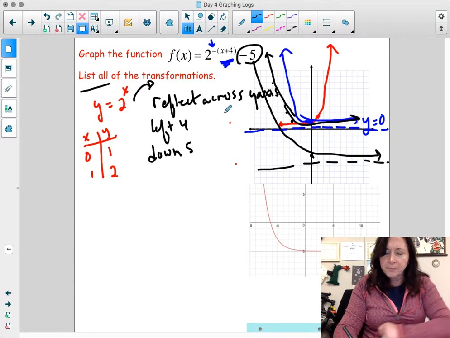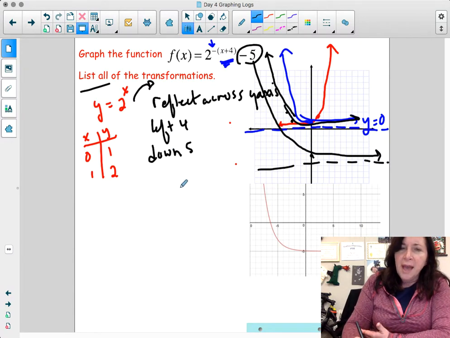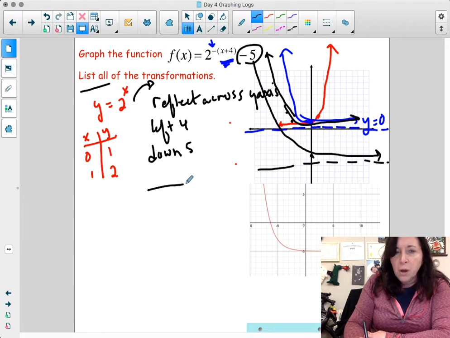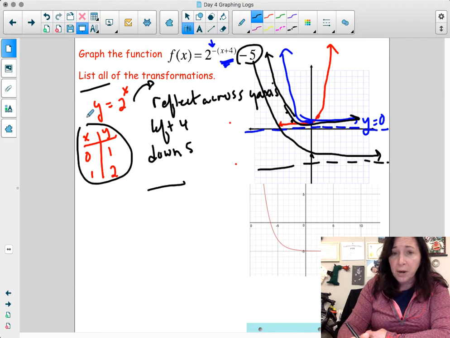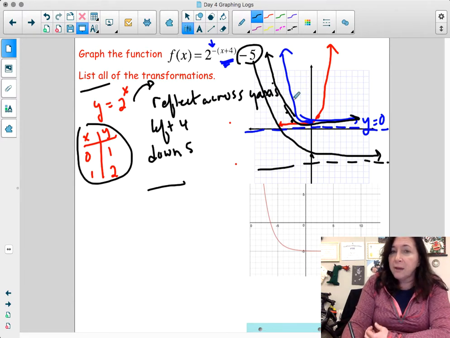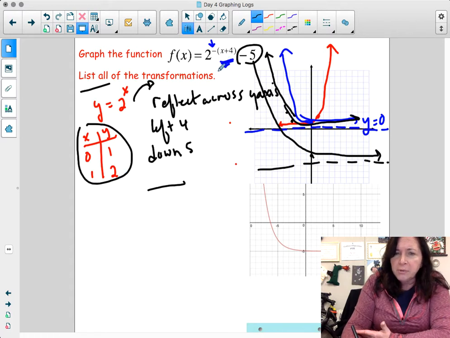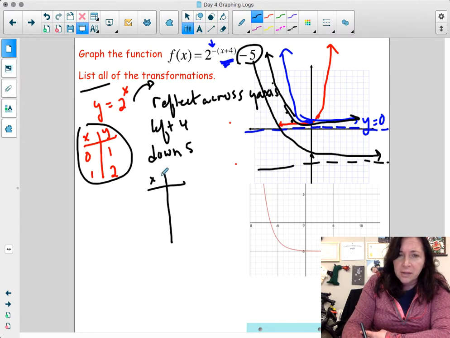And so if you were to be asked, give me 2 points. Well, you're not going to use these points because those are the points for the parent graph. You would need to plug in points here to keep track of where you moved your graph from 0, 1, and 1, 2. So if I wanted to plug in, let's say 0, now 0 plus 4, so I would go like this. Here's x, here's y.